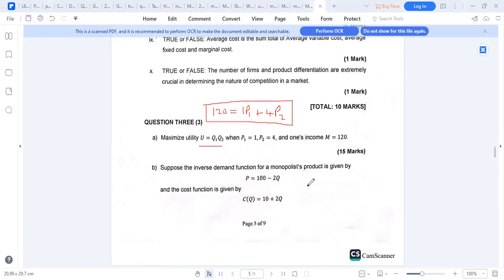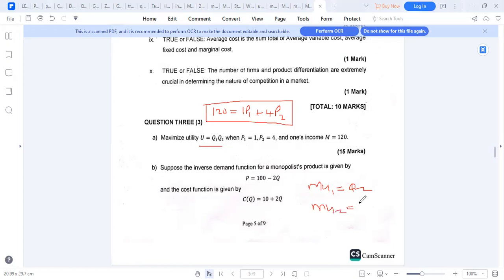So imagine utility of good 1. Meaning our dummy is Q2, so Q1 becomes 1, you leave it as it is. So imagine utility of good 2.